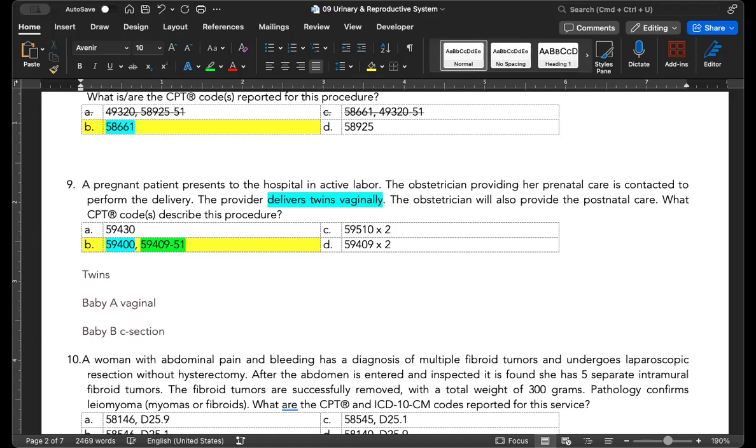Baby A comes out, baby B realizes it has all the room and starts flipping and turning. The cord can get wrapped around the baby's neck, which could lead to a C-section. Mom's blood pressure could drop or skyrocket, or exhaustion, whatever it might be. So they take her in for a C-section for baby B.